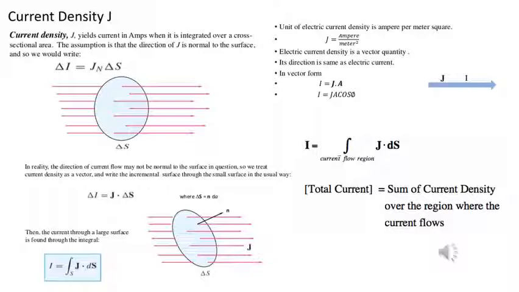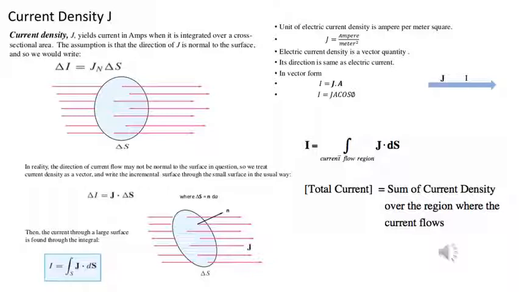Let's say a cylindrical conducting wire has cross-sectional area S. I am considering a small area delta S. So current density J is equal to I by S, current per cross-sectional area. If I want to give it a vector, then I could write J is equal to I by S dot S cap. That means I am giving the direction to the current density.